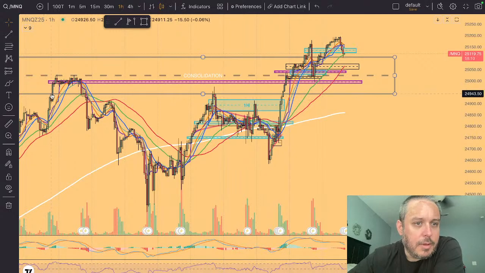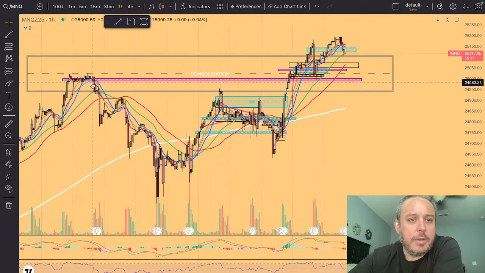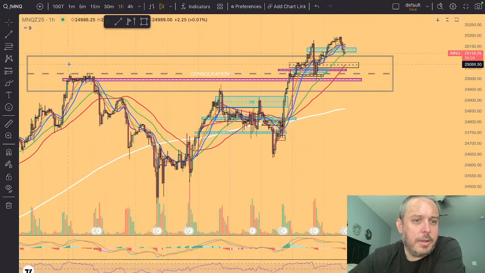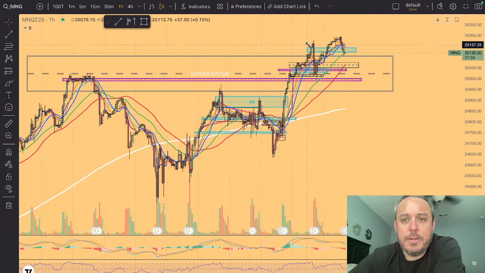We have this coming up right here. Then again, we rejected off of this level, so I figured this right here was going to be a pretty strong area. So based on this chunk right here, I marked this as the 50% mark, and that's how I came up with the top level of this area, before any of this stuff even played out.